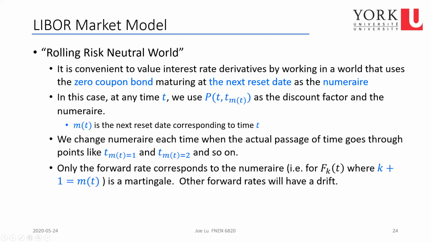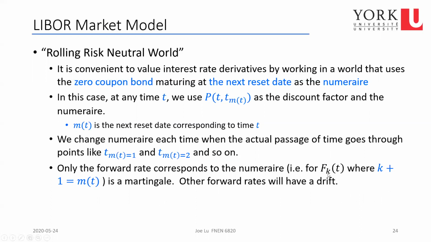The process of Fk is a martingale if m is equal to k plus 1, and the bond P from t to k plus 1 is used as the numeraire asset.